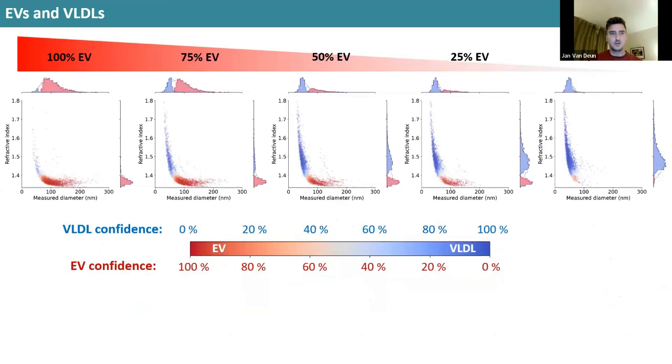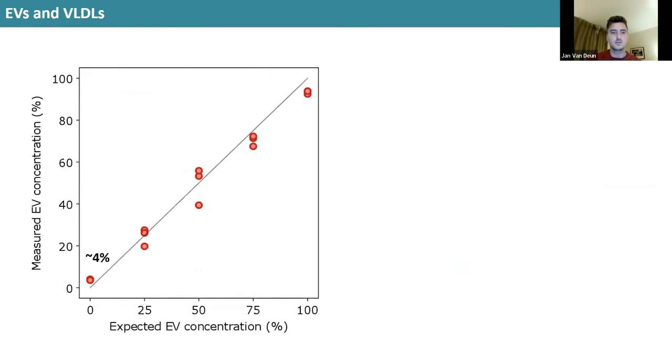So using these measurements, we can also build a classifier. So I think this was a random forest classifier, and then we chose a cutoff of 80%. So we only track the particles where we are at least 80% sure they are either VLDLs or EVs. And then we can quantify this, and plot the expected EV concentration, based on the dilutions we made, versus the measured EV concentration.